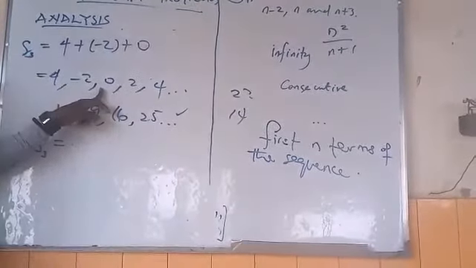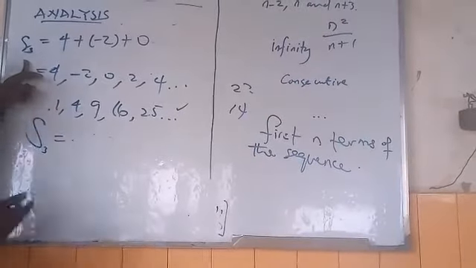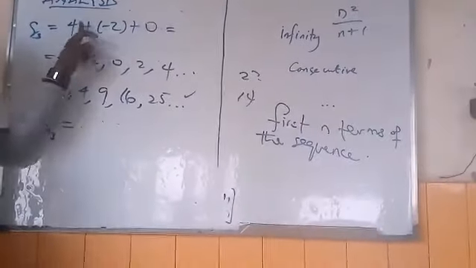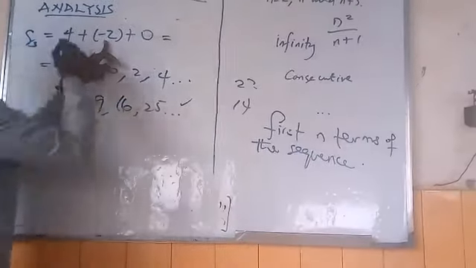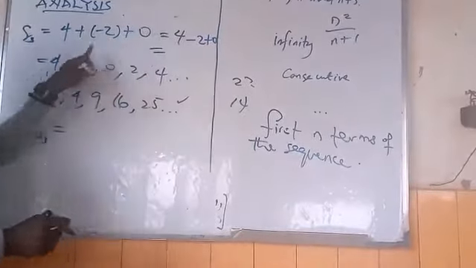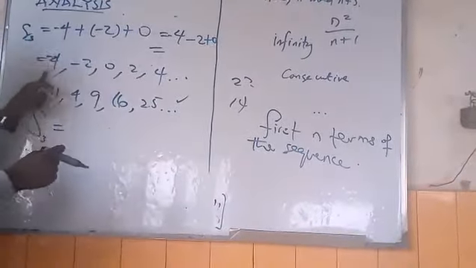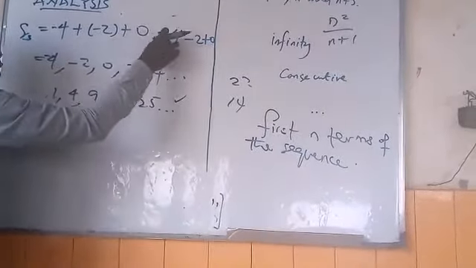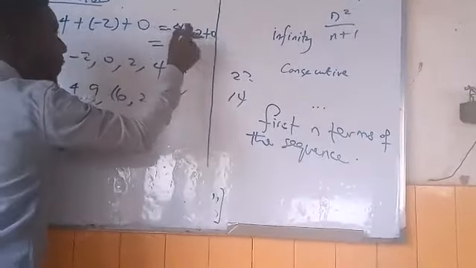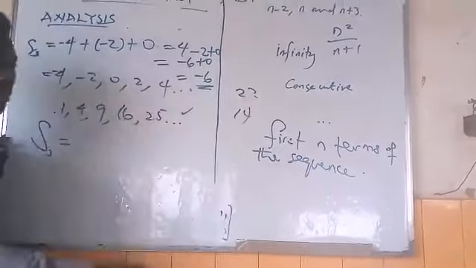I have to stop there because I'm saying the first 3. Sorry, this is minus 4. So minus 4 minus 2 is minus 6, plus 0 is minus 6.